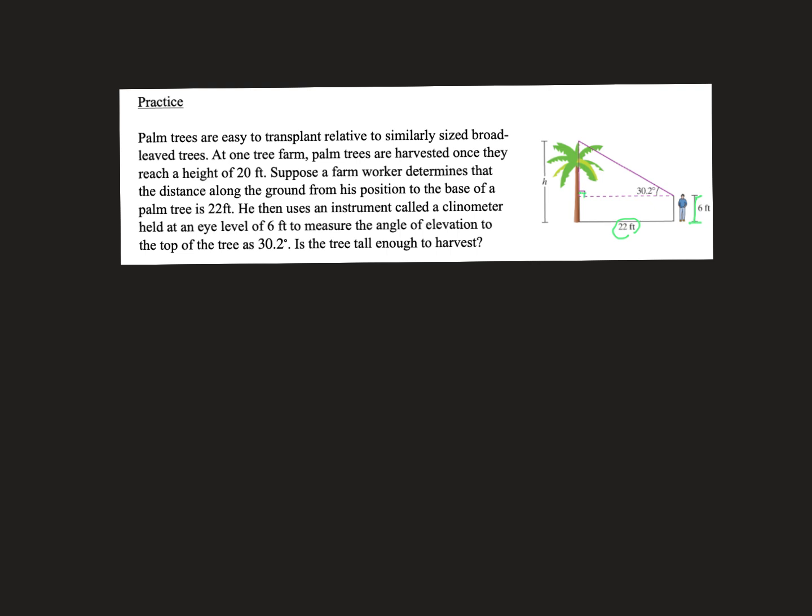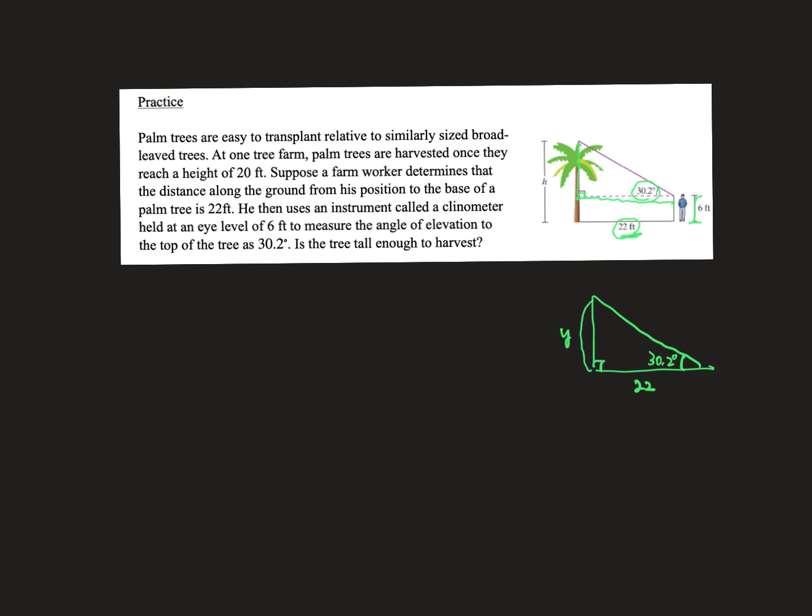When you see this picture, you have to think about a couple of things. It's not an easy question. First, let's talk about this triangle, because you know this angle. I'm going to sketch the first triangle. Here is 30.2 degrees, and this is 22. I want to find this y value first.